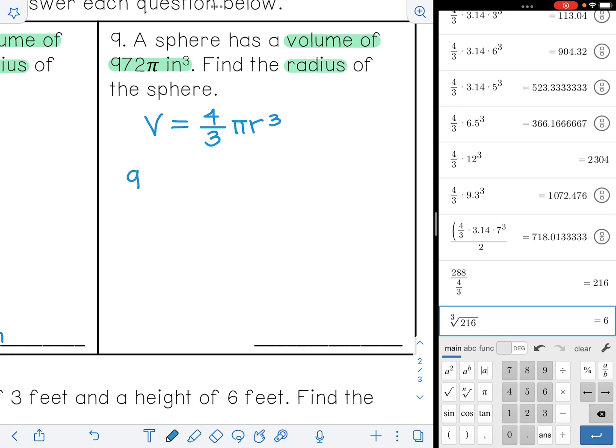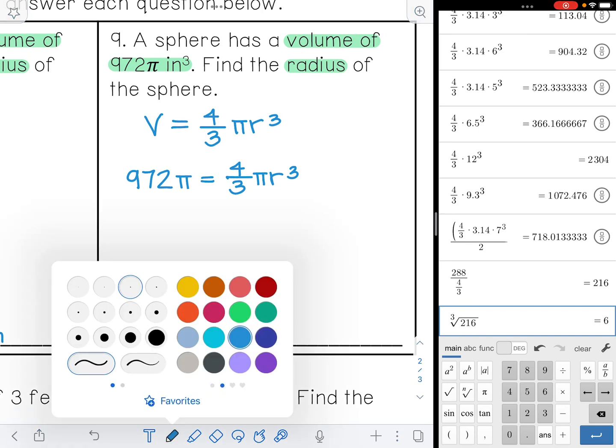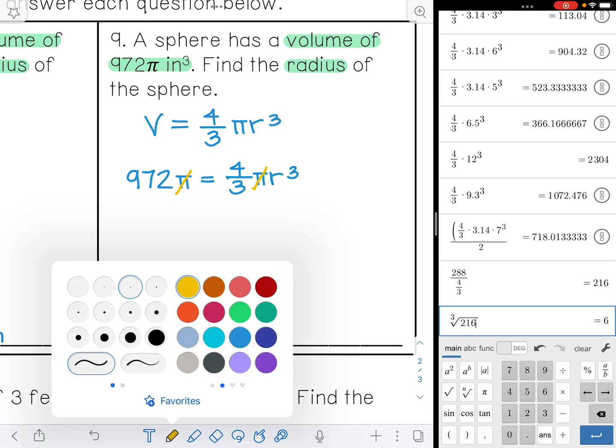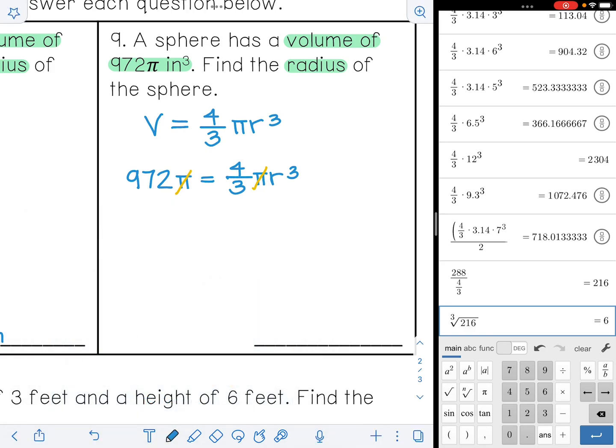So instead of V, we will put 972 pi equal to 4/3 pi r cubed. Just like the problem that we just did, because both sides have a pi, those can cancel out and we no longer need them in our equation. So our simpler equation is 972 equals 4/3 r cubed.